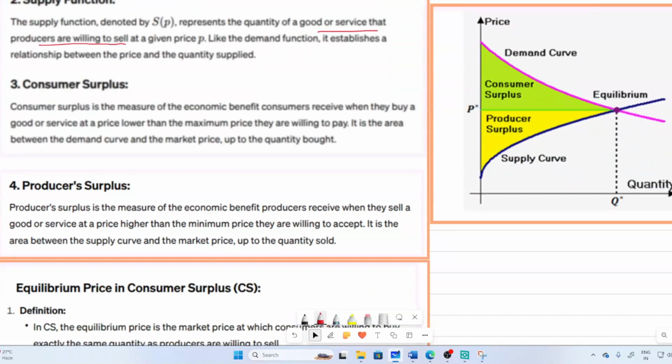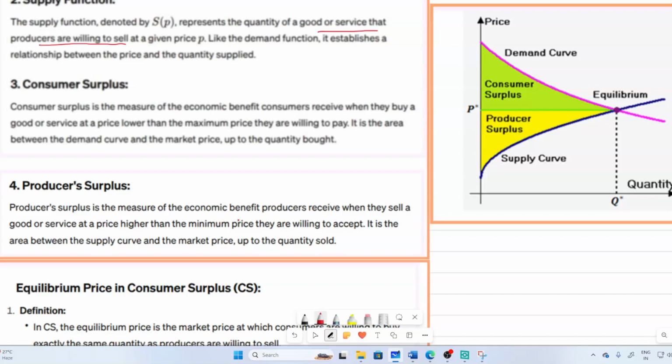Consumer surplus, this is very important. I hope you have understood. I just remind you. This is the measure of economic benefit consumers receive when they buy a good or service at a price lower than the maximum price they are willing to pay. They are willing to pay, but they have some surplus. It is represented by the area bounded by the demand curve with the price axis.